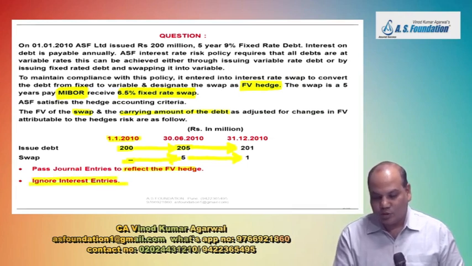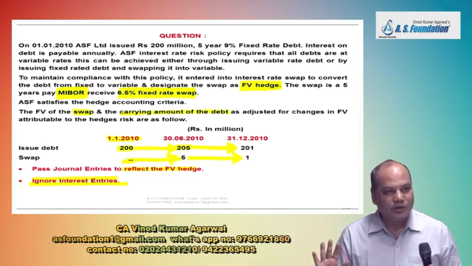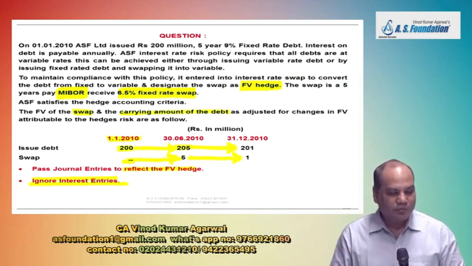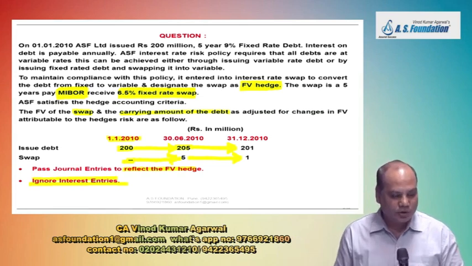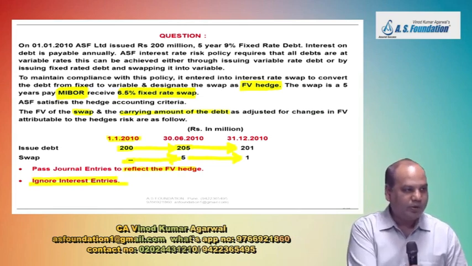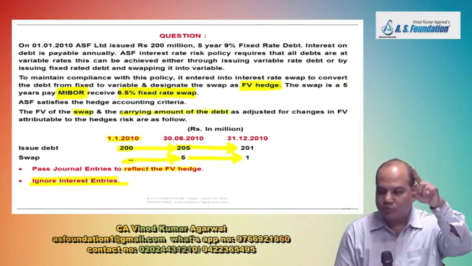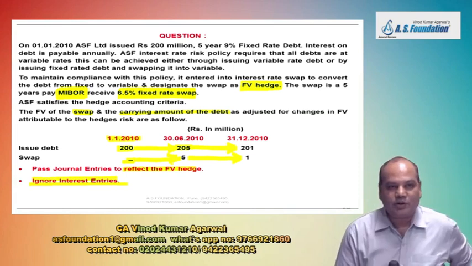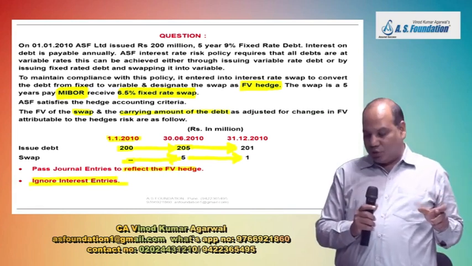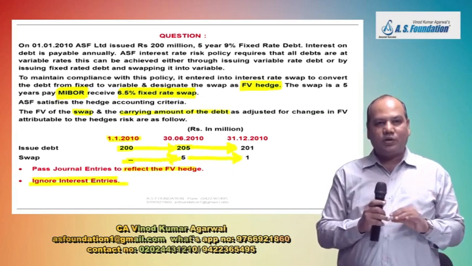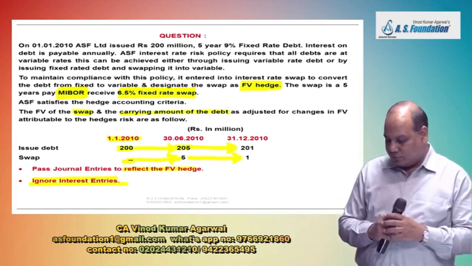One good news, ignore the interest entry. So don't bother about interest received or interest paid. If it is not mentioned, then yes, you will have to do the calculation that we had done in a previous problem. You pay interest on the original loan, which is 9% fixed rate, then calculate the difference between interest paid and interest received, and only pass an entry for the net amount.